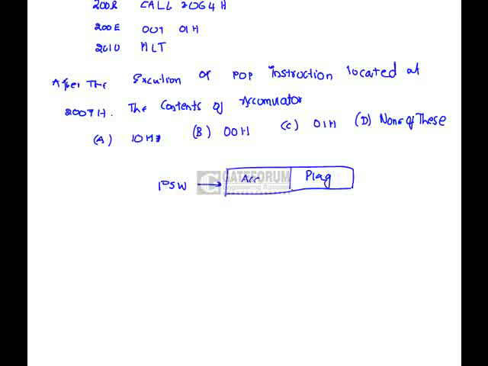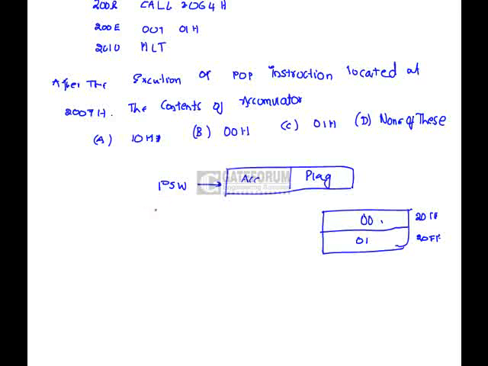Before pop PSW, we are pushing the contents of B into the stack, the top locations of the stack, that is 20FF and 20FE, 0100.